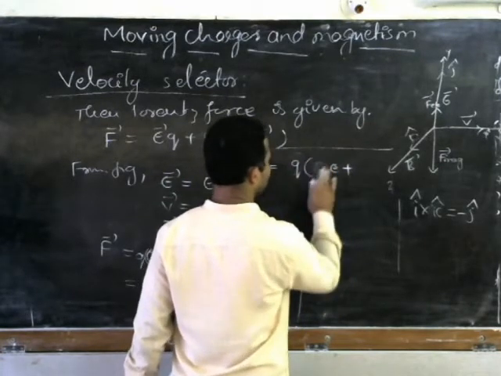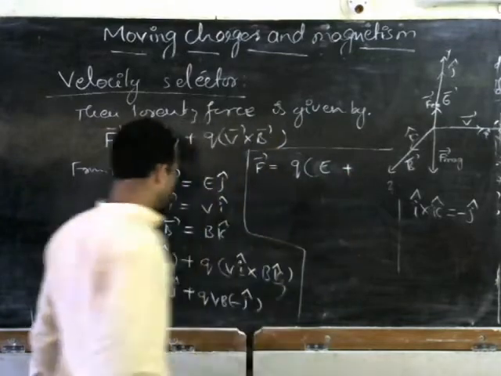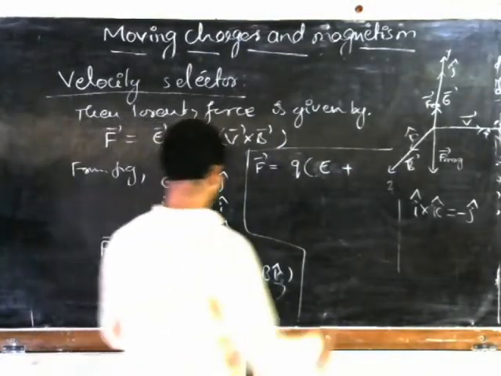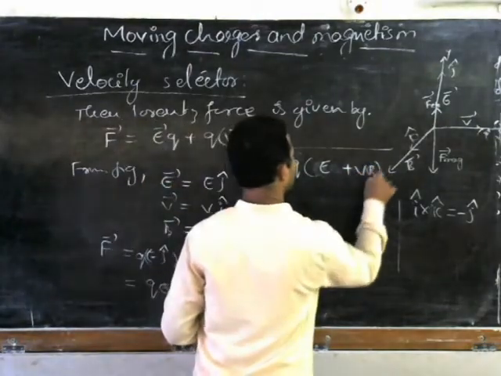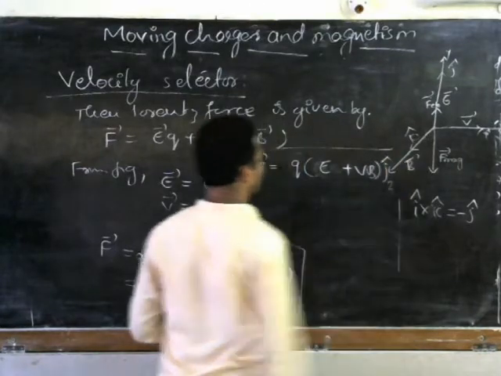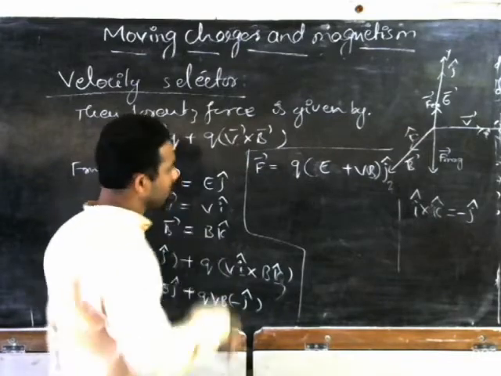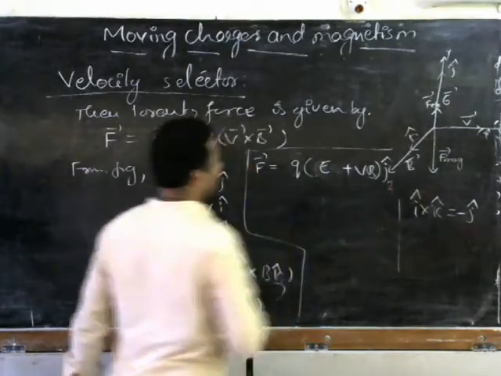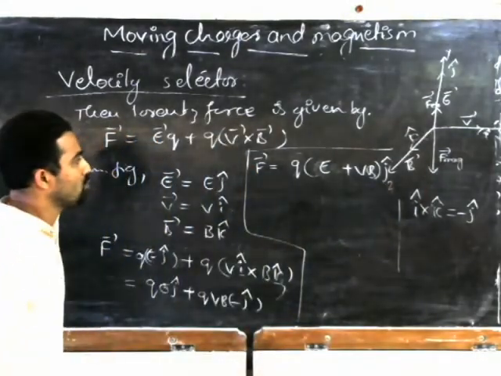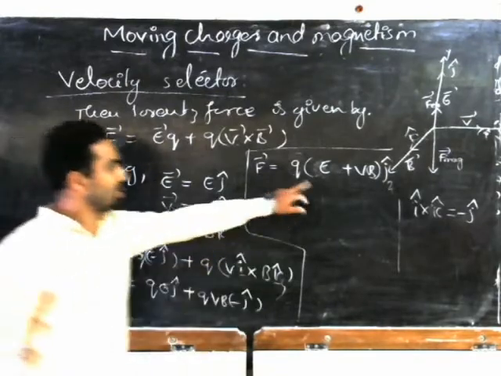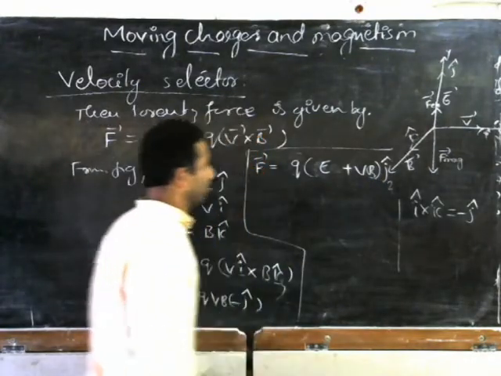Let me take q here, E plus VB j cap. Now we have the equation for force: F is equal to q into E plus VB j cap.